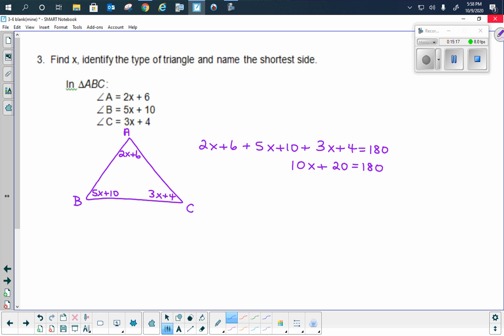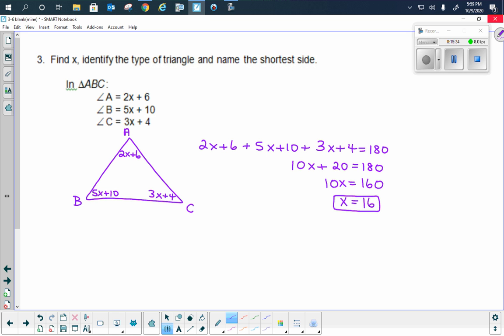Please write it if you need to get it right, but if you subtract 20 from both sides, you'll be left with 10x equals 160. Divide by 10 on both sides, x will equal 16. I'll box it because I'm looking for x.